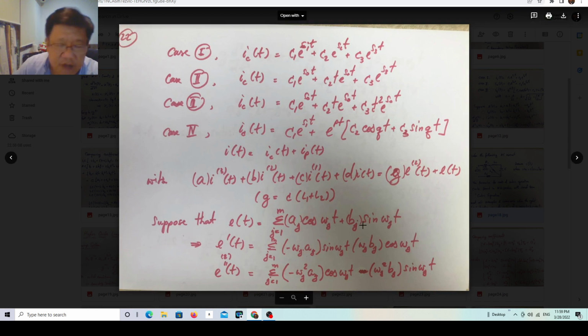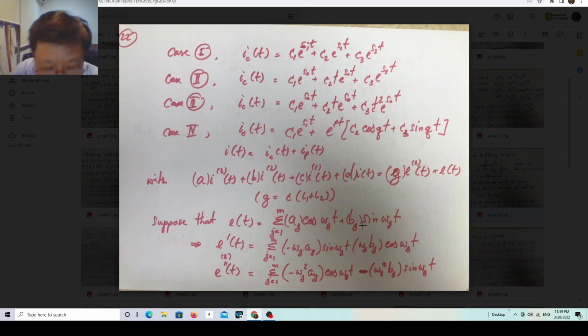It is an additive sinusoidal function with different frequencies omega j, j equal 1 to m, where each of them has both sine and cosine sinusoidal functions. For the cosine function the amplitude is A sub j, and for the sine function the amplitude is B sub j.